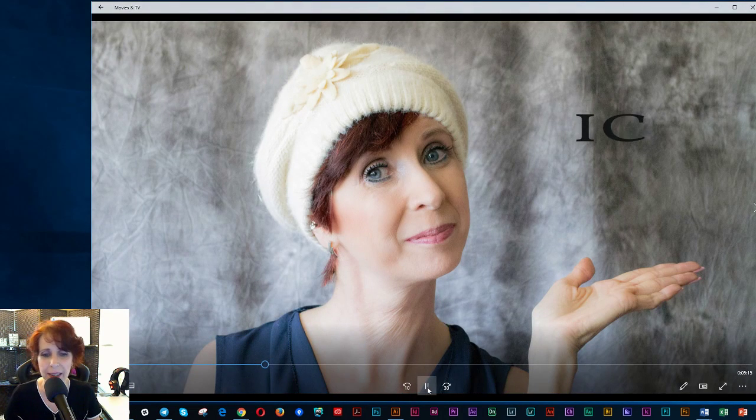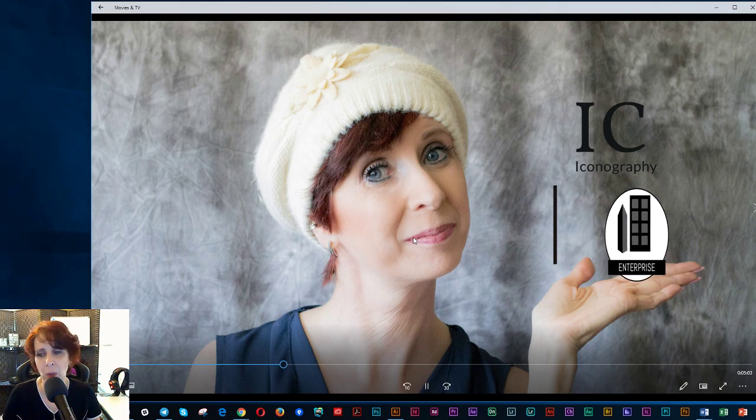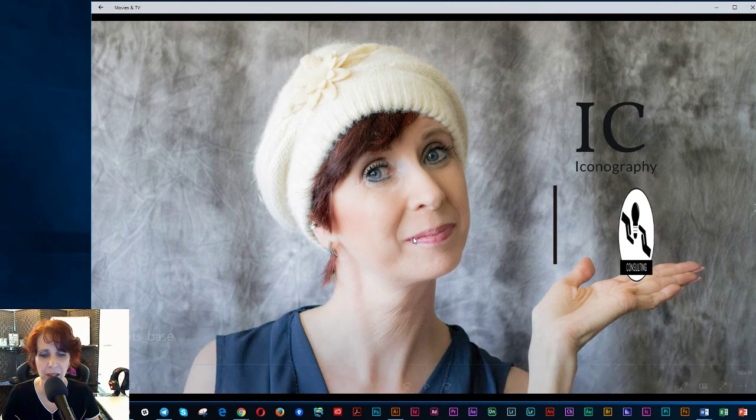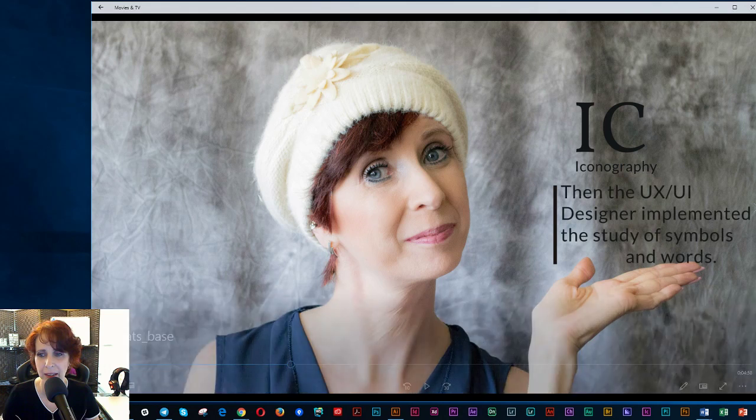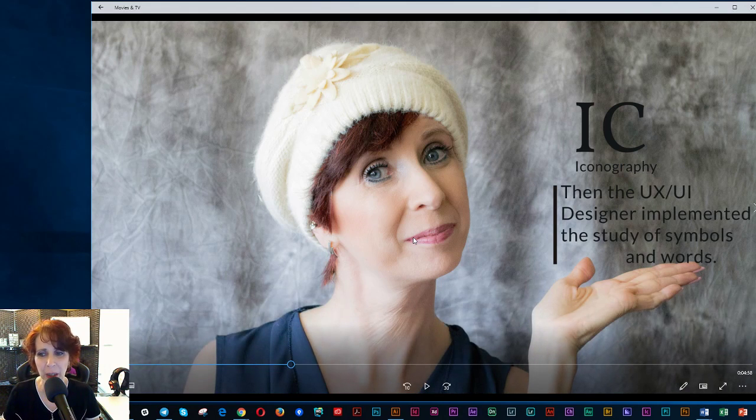So what is iconography? Iconography is when an icon provides a clear path for you to follow, and you'll see some examples here. So this is enterprise, government regulations, consulting. Then the UX and UI designer implements the study of symbols and words.